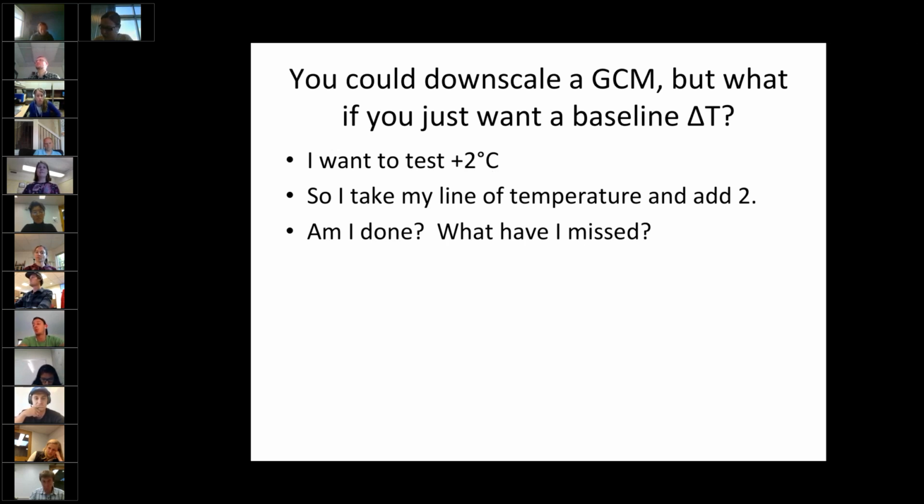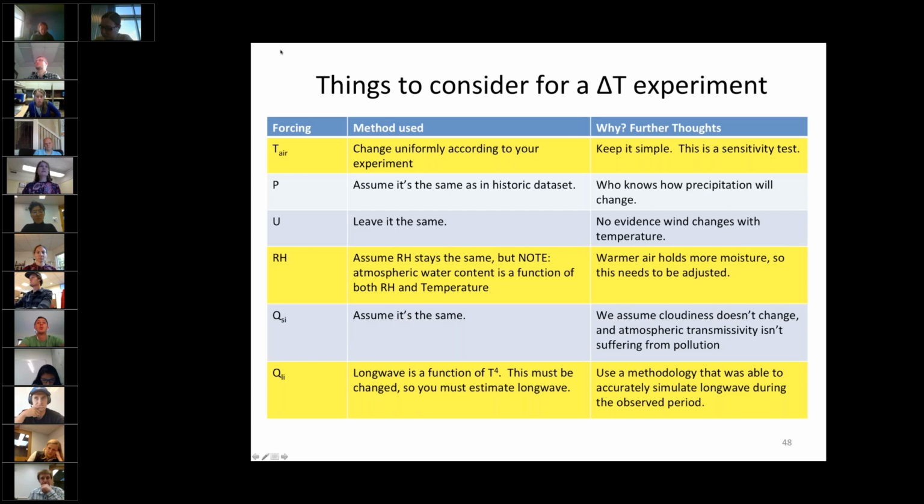So here's Jessica's rule of thumb of things to consider for a delta T experiment. In terms of air temperature, I tend to just change it uniformly according to the experiment. Like if I want +2, I do it uniformly just to keep it simple, right? It's a sensitivity test.